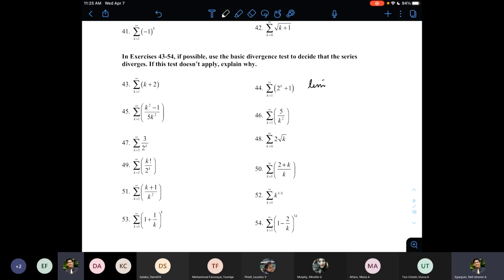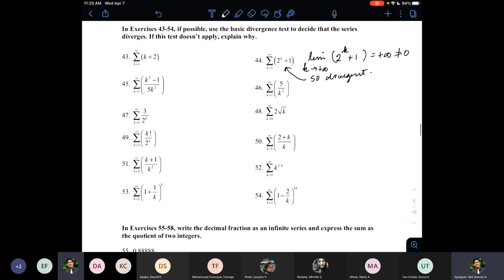Because the limit of 2 to the k plus 1 as k approaches infinity is equal to positive infinity, obviously not equal to 0. So it is divergent. What else? Let's try problem 52 below.